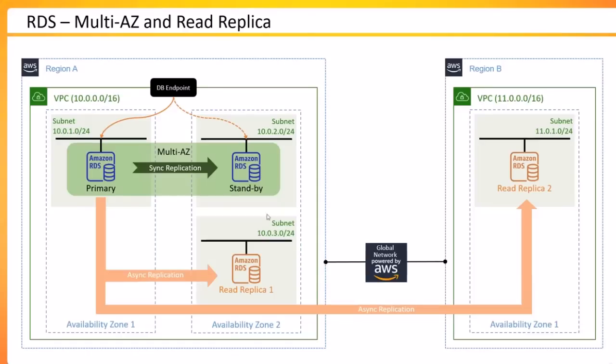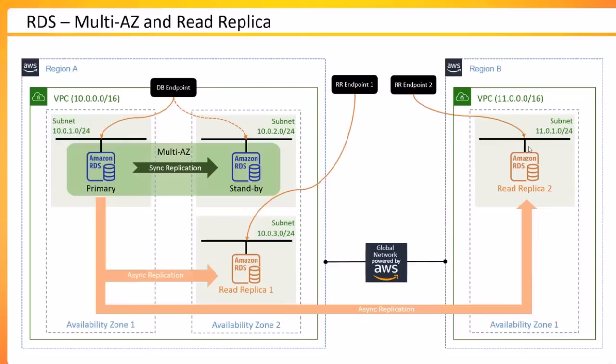Now, once you have this read replica, as you could see, I can have multiple read replicas also, no problem at all. Like I have created one, similarly I could go ahead and create another one also, shouldn't be an issue. And then all my read replicas will get their own endpoint information. So read replica 1 will have its own endpoint, read replica 2 will have its own endpoint, and I can then redirect my traffic to any of the endpoints depending on my use case.